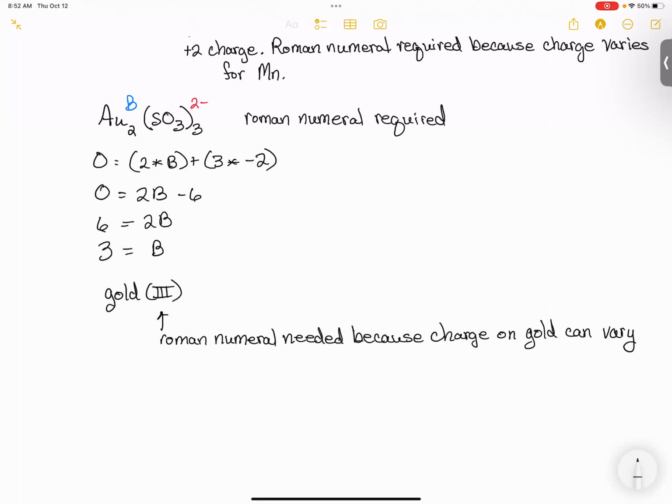What is the anion? What ending is it going to have? ITE. This is sulfite. The ITE tells me that it's a polyatomic.